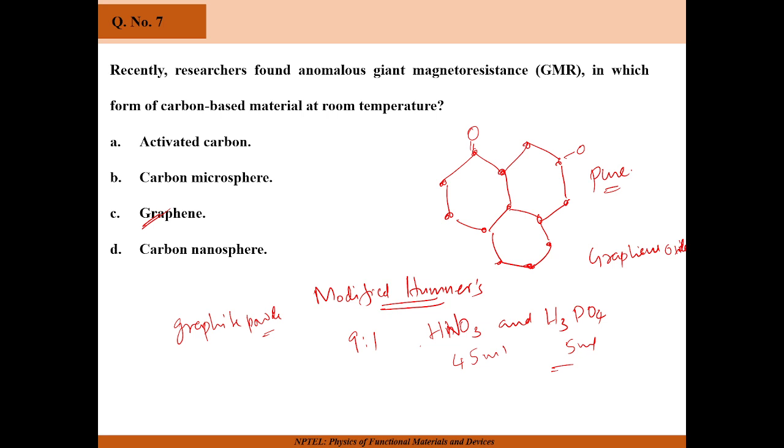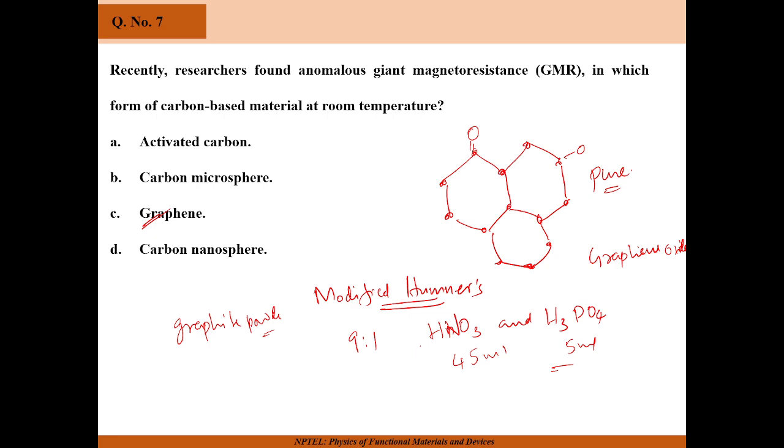That will actually stop the oxidation. KMnO4 is an oxidative agent, and the whole oxidation process will gradually stop when you add the H2O2, and it should be added very carefully, drop by drop.